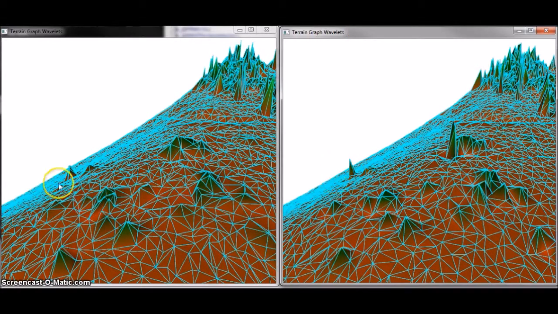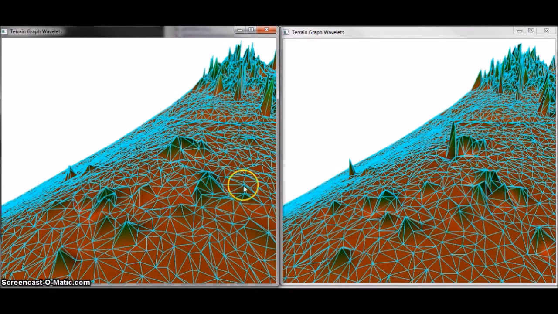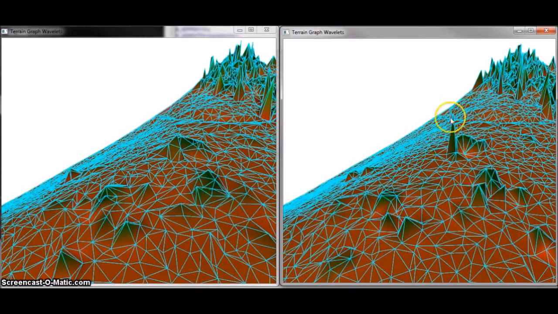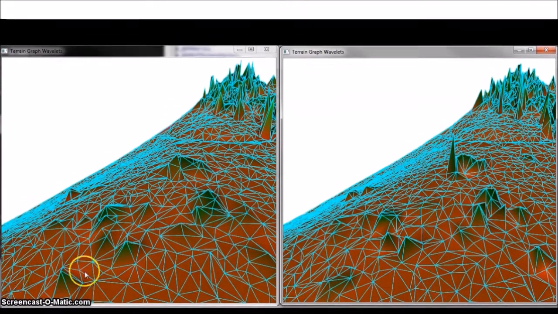For example, notice the spikes over here, here and here, which illustrate the selectivity of our heuristic method. Also, individual features are better represented by using our custom cost.